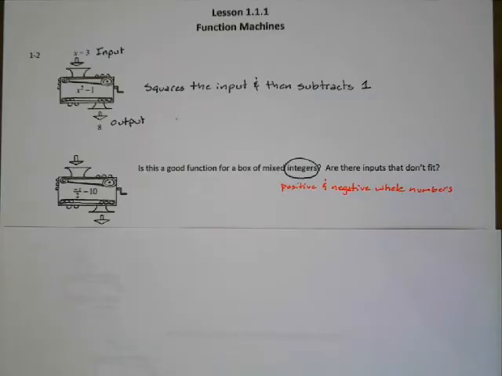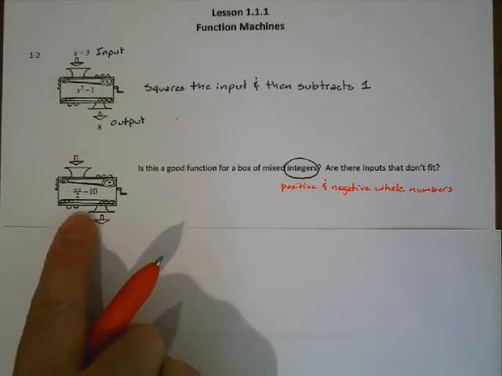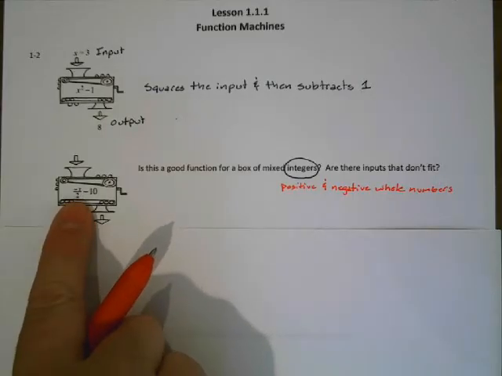We have to ask ourselves, is this a good function for a box of mixed integers? Did the manager of our store come up with a good idea? Think about whether there are any possibilities where this answer would not come out negative. If I plugged in 6, I would get -6/2, which is -3.